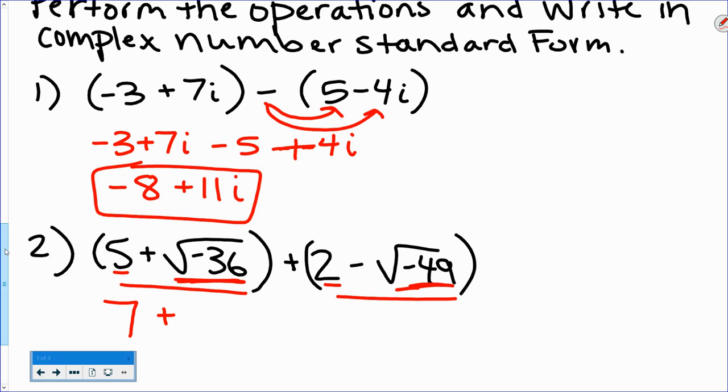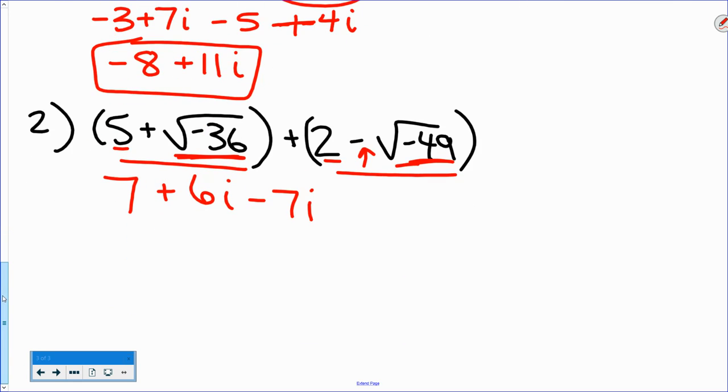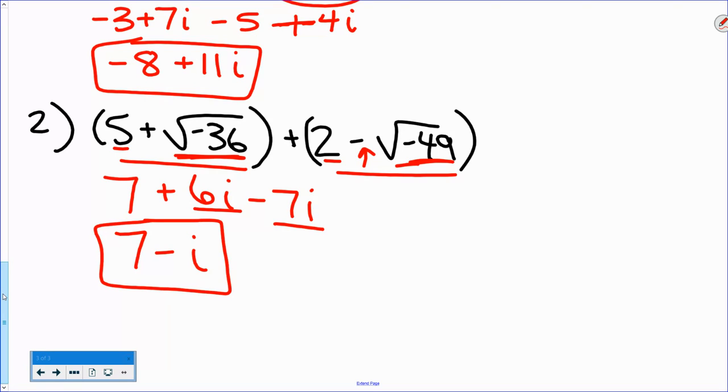So the square root of negative 36 would be 6i, minus, from this minus, the square root of negative 49 would be 7i. Now I can combine those as one thing. So 6i minus 7i would be negative 1i. You put the 1 there if you want, but not necessary. So that's my final answer.